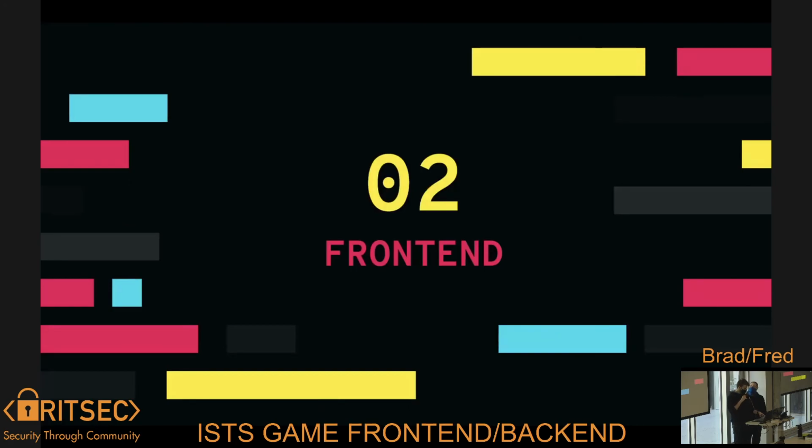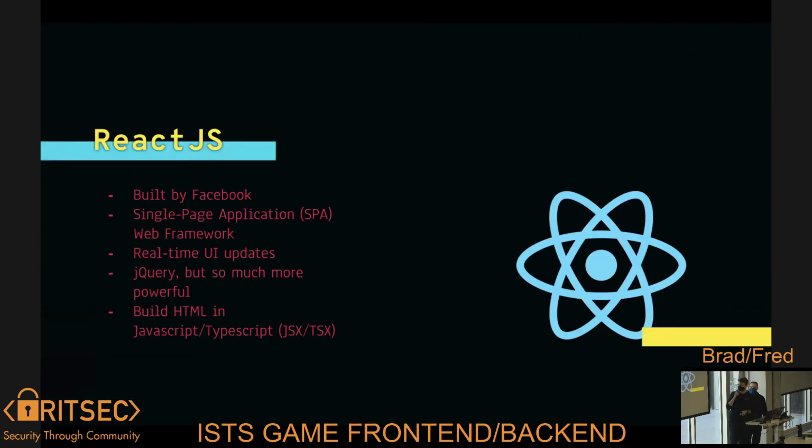So how do we make the front end? React.js, I mentioned this last week a little bit. This is my primary web framework that I like to use. It's a single page application framework, which you write in JavaScript. Everything on the web page is served as a single file.